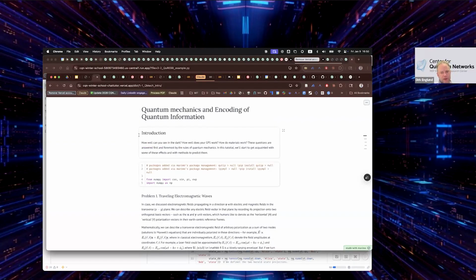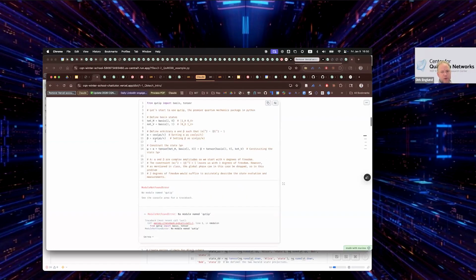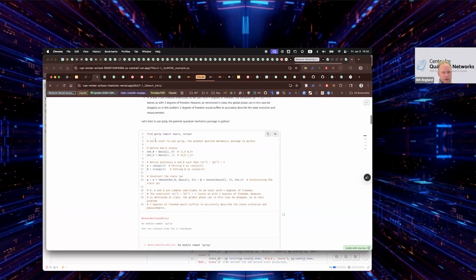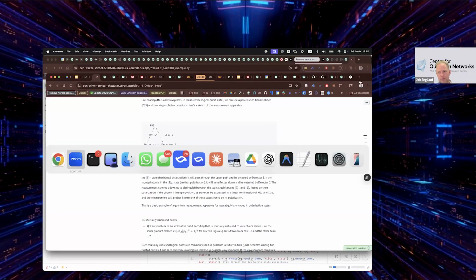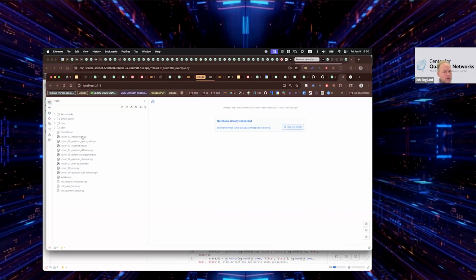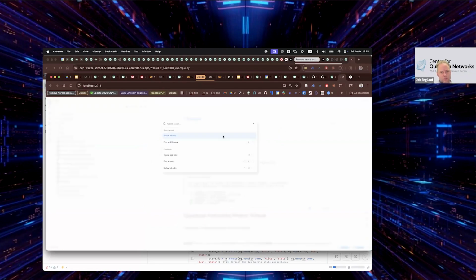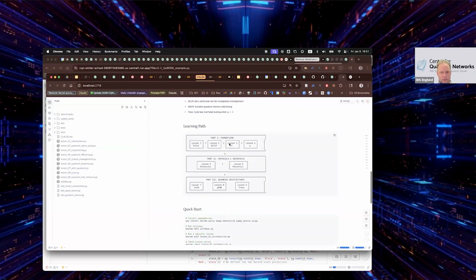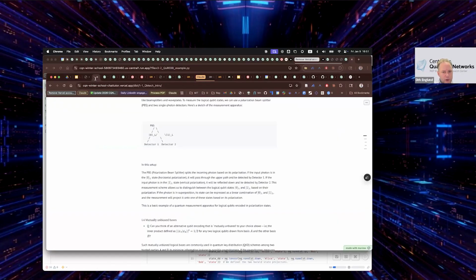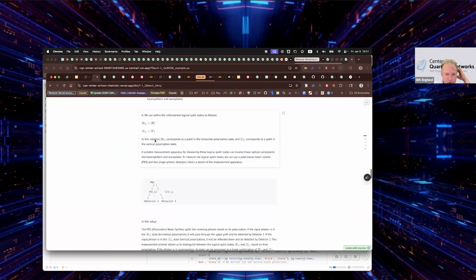So here you have a review of the kind of protocol that I was talking about a moment ago.